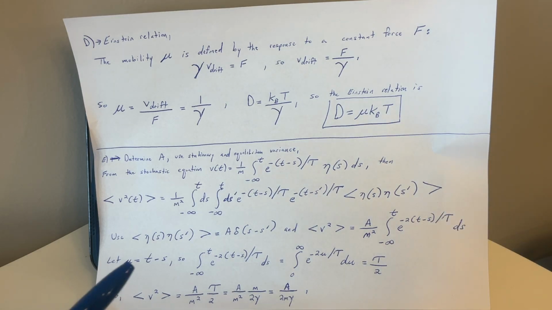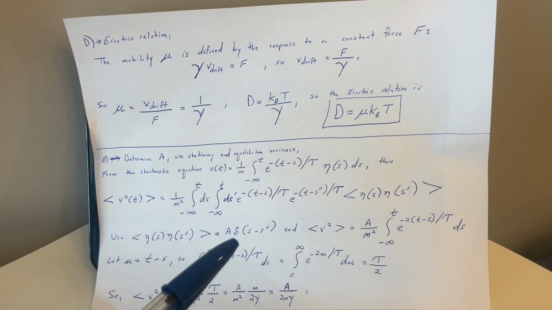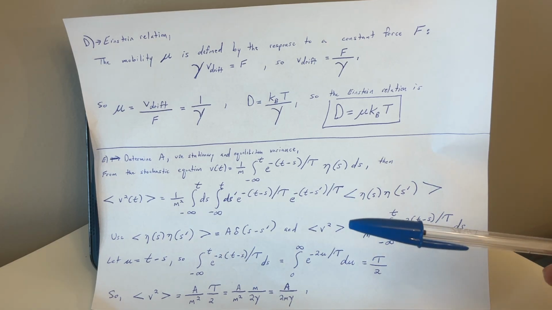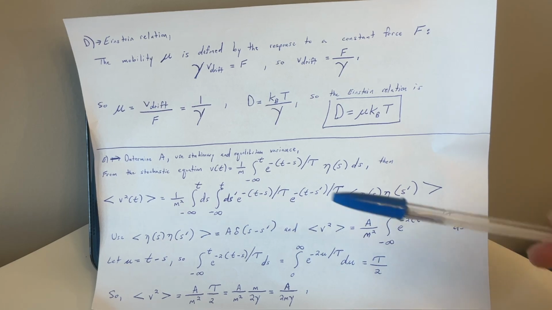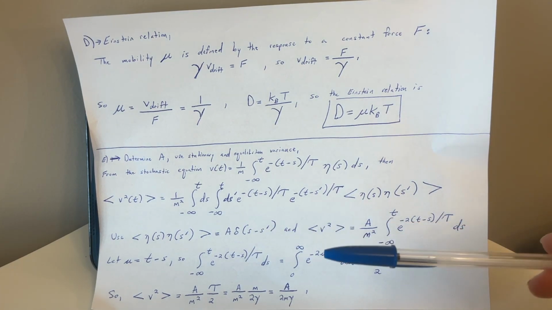So we're going to use that the expectation value of eta of s eta of s prime equals A delta of the quantity s minus s prime.